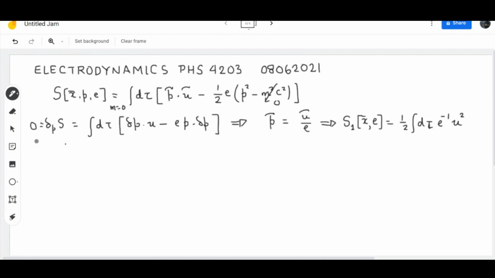So the difficulty here, and this would have fetched you 2 marks: delta E S equal to 0 does not imply a closed form solution for E. That is what I was looking for.